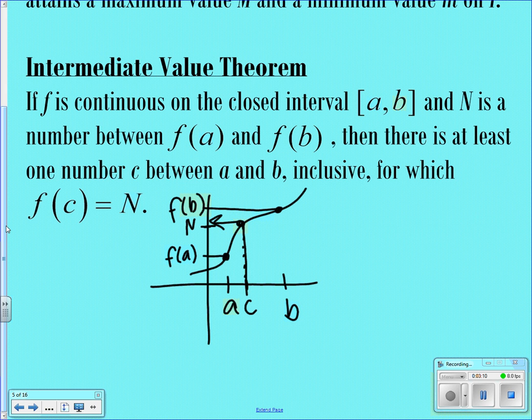And so if we move n further down, if that is our n, then the c value would be here now. Or if you put your n here, then your c value would be here. It's just saying that if you have a continuous function and n is in between f of a and f of b, then you have a c that is in between a and b.